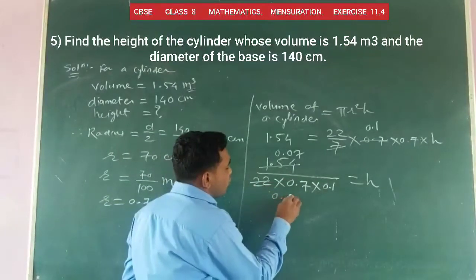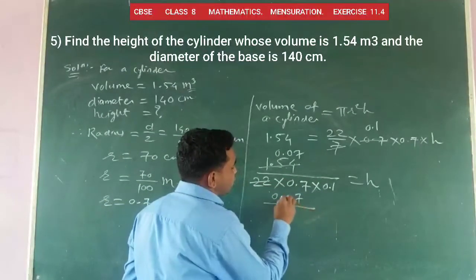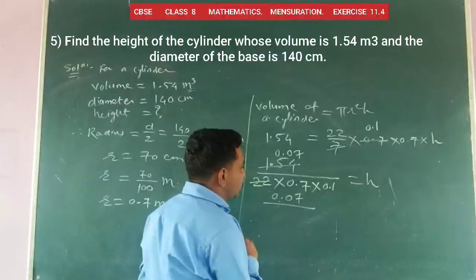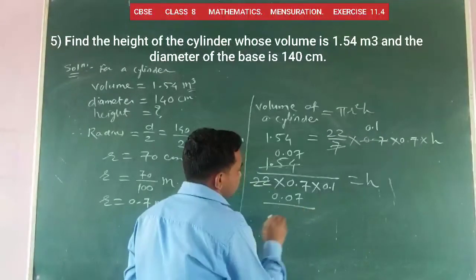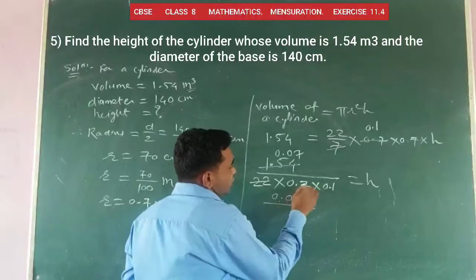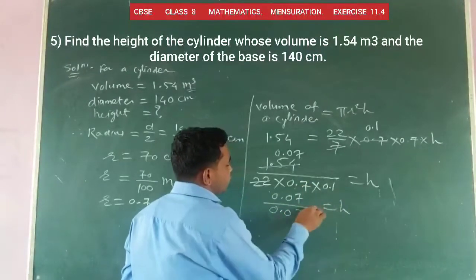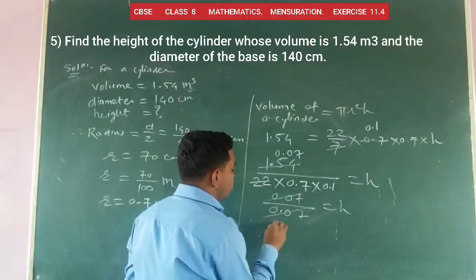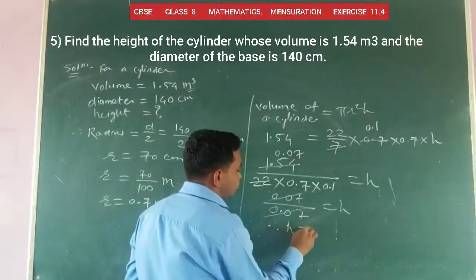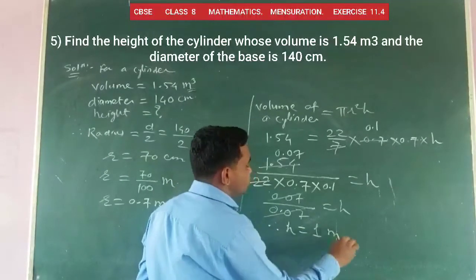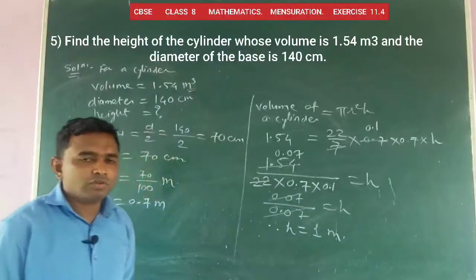So 0.07 upon 0.7 into 0.1, that means 0.07, is equal to h. So similar terms get cancelled, therefore h is equal to 1 and the unit is meter.